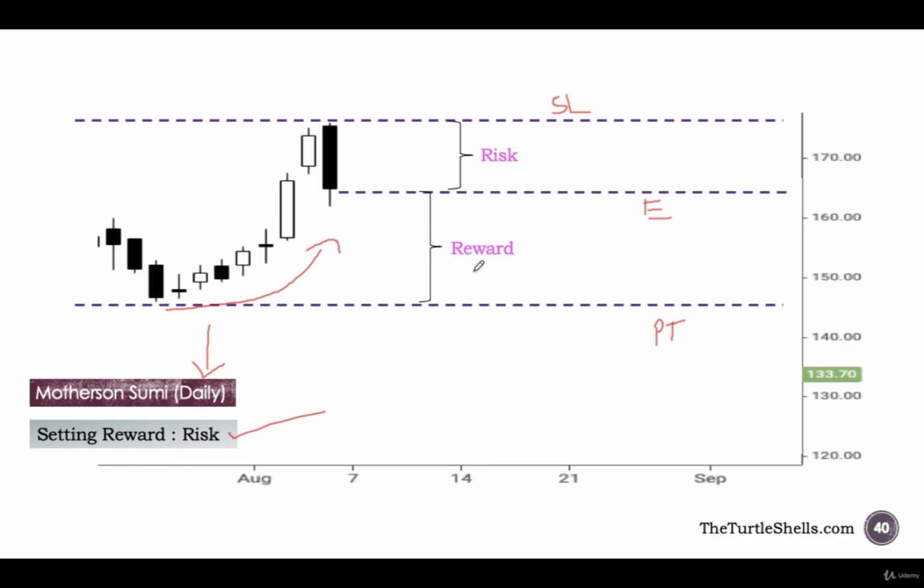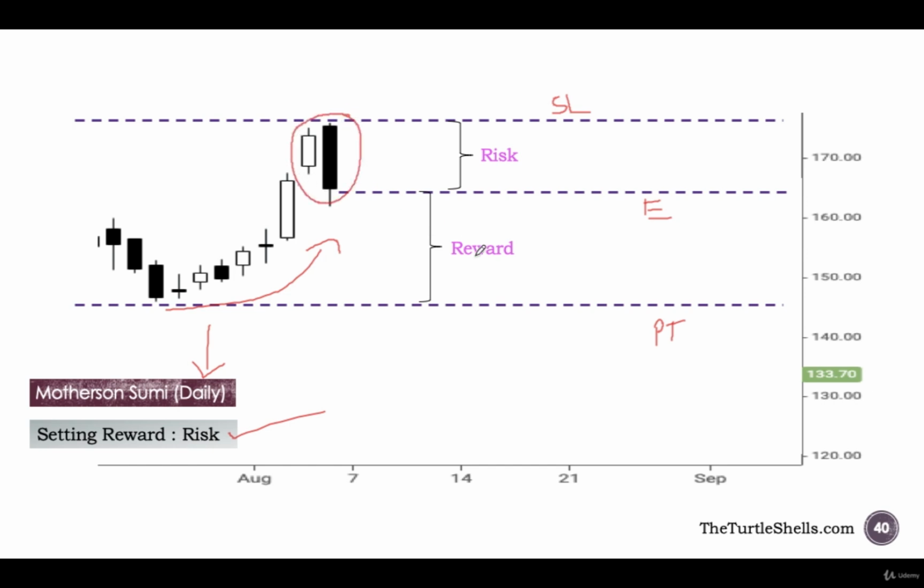So I would not be taking this trade as a strict trader. I want 2:1, but for a quick momentum trade, you can think of taking a short position here with a stop loss here, entry here, profit target here. And there is no confirmation of prior resistance at that bearish engulfing pattern.